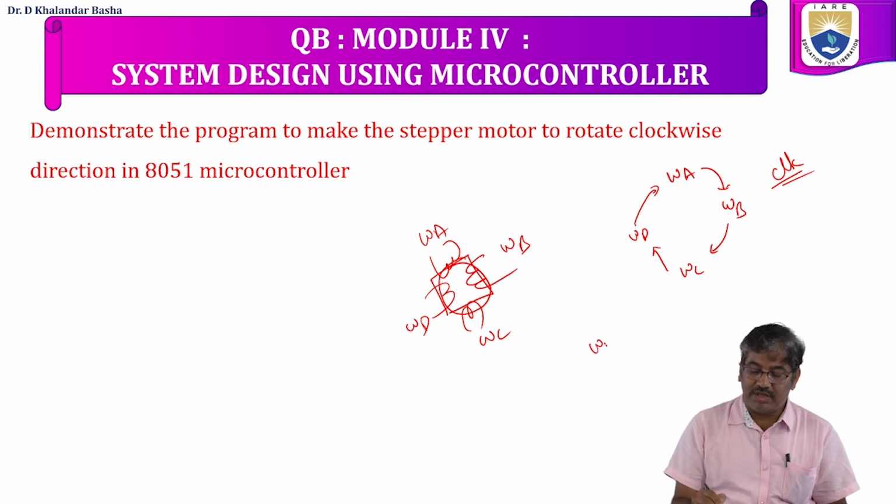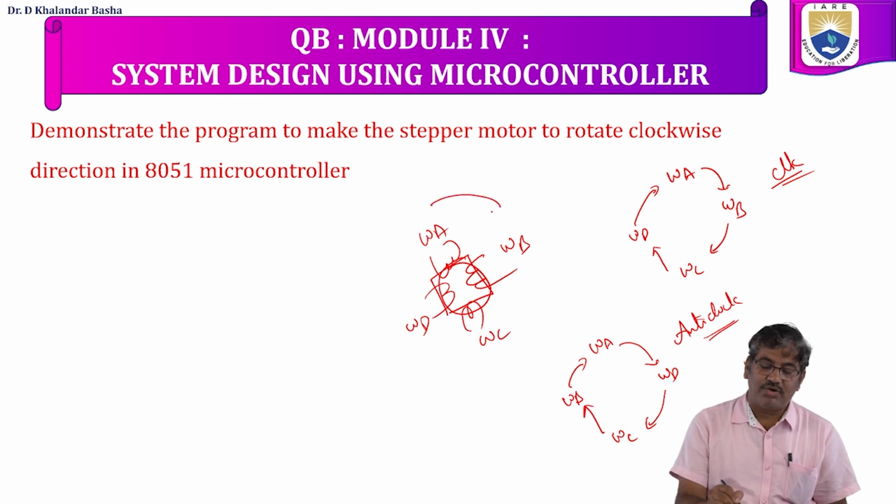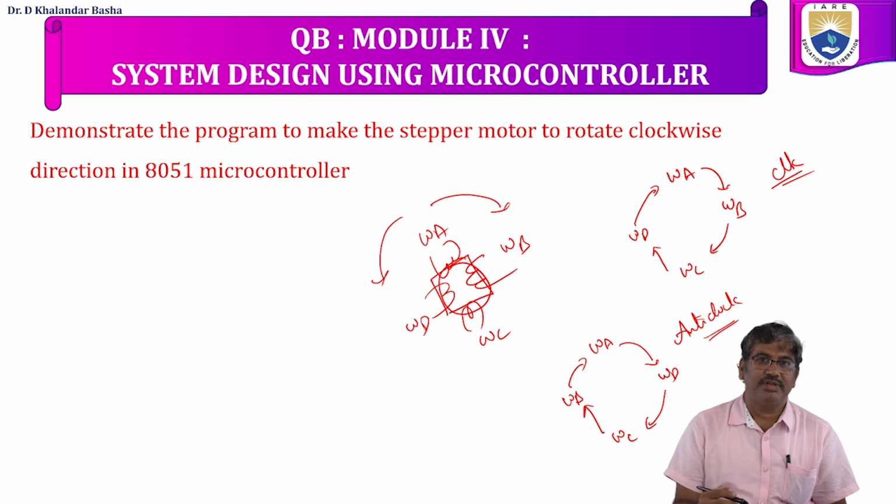If the windings are excited in the order winding A, winding D, winding C, winding B, then winding A, the stepper motor will rotate in anti-clockwise rotation. So the rotation of the stepper motor depends upon how we give the excitation.